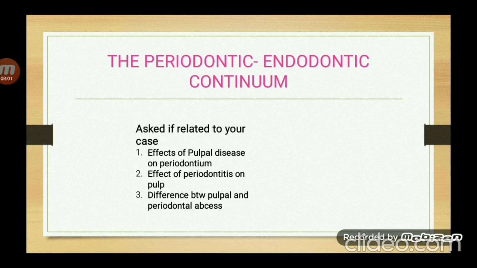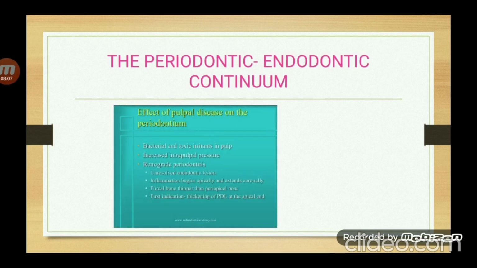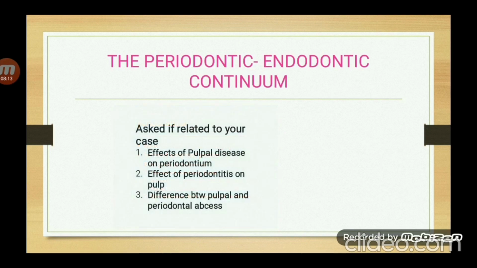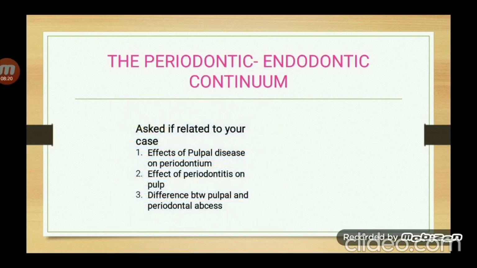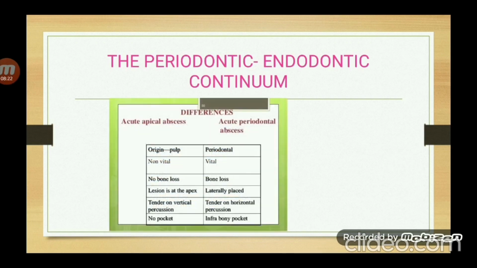And obviously they'll begin with the difference between pulpal and periodontal abscess. It's a very common question. So this is the effect of pulpal disease on periodontium and the effects of periodontal disease on the pulp, how they both affect each other, and about the differences.